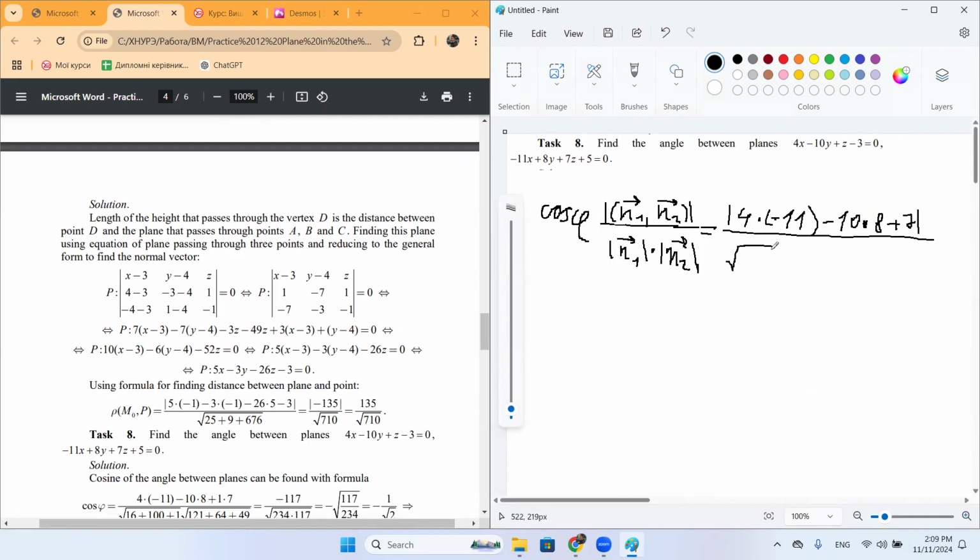And here what we have, so 16 plus 100 plus 1. 121 plus 64 plus 49.